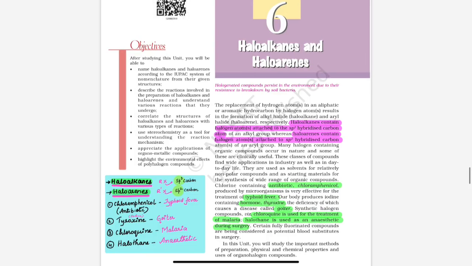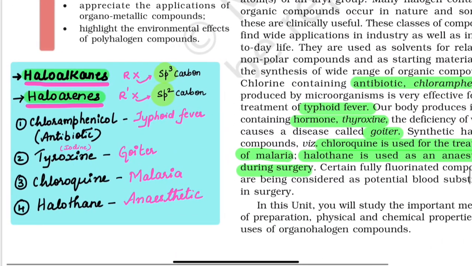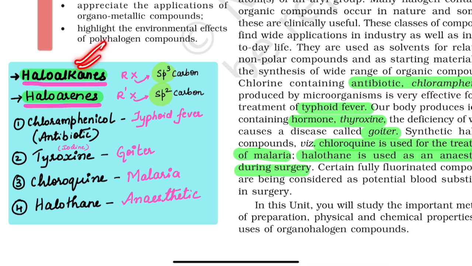On the first page, what is very important is only to learn this much. What are haloalkanes? X is called halogen. If halogen is attached to the sp3 carbon of an alkyl group, it is called a haloalkane.